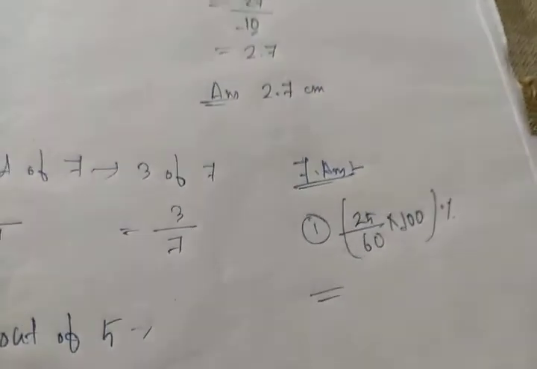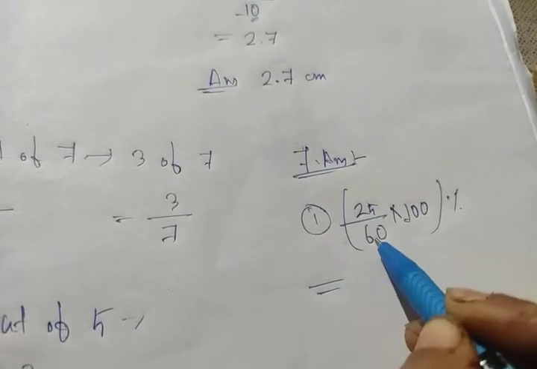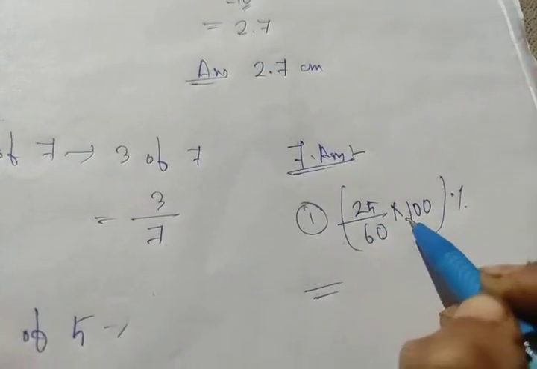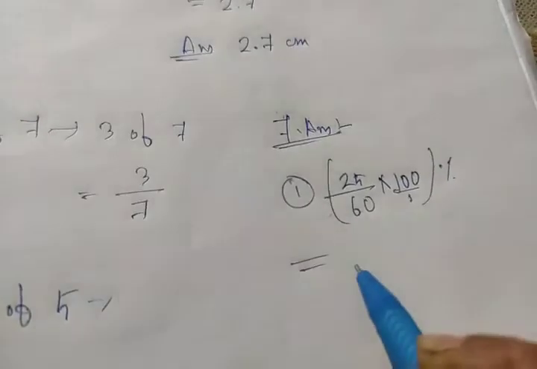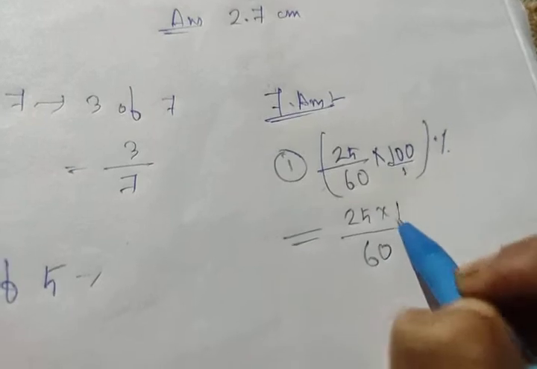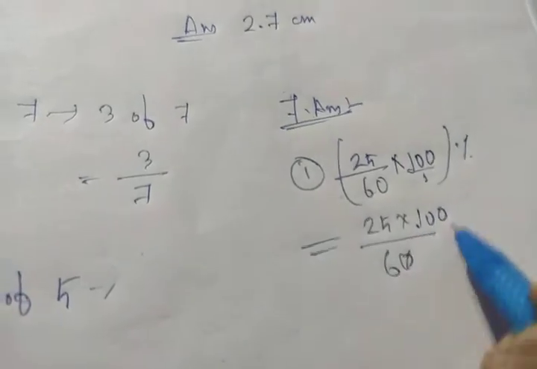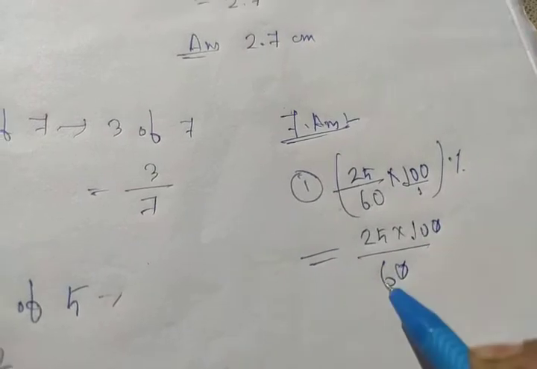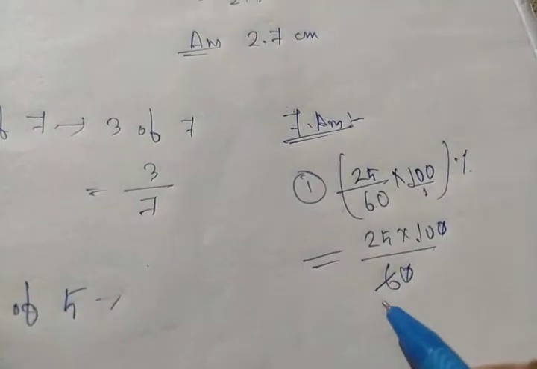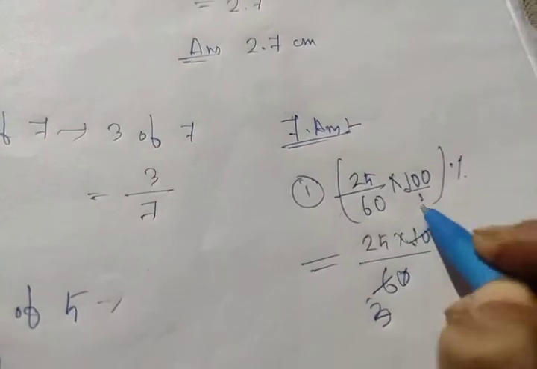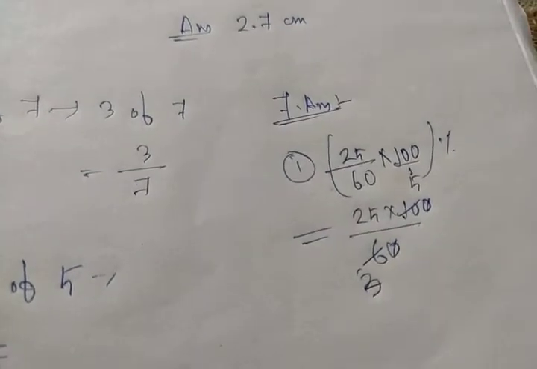Is it clear for everyone? So here 10, here 10, you can simplify. Next 10 and 6, you can divide this by 2. 2 3s are 6, 2 5s are 10.